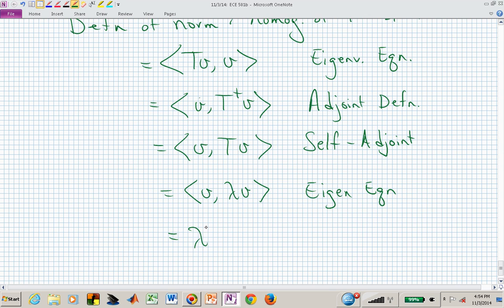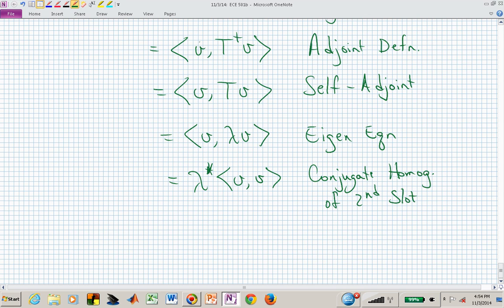So now we have lambda star times the inner product of v with v, and that's the conjugate homogeneity property of the second slot of our inner product. But now the inner product of v with itself is just the norm of v squared. So we now have lambda star norm of v squared.